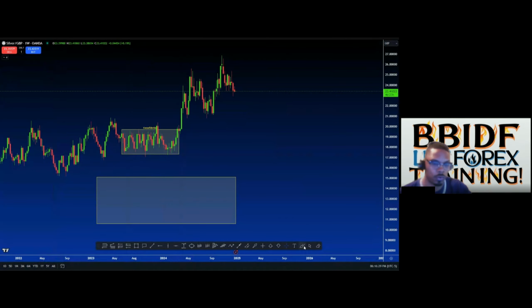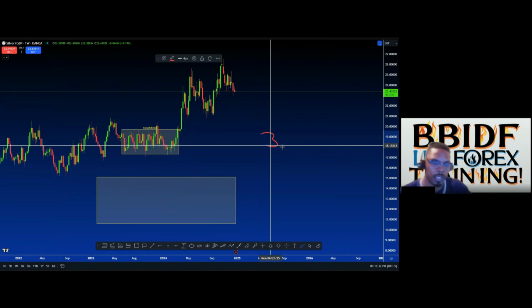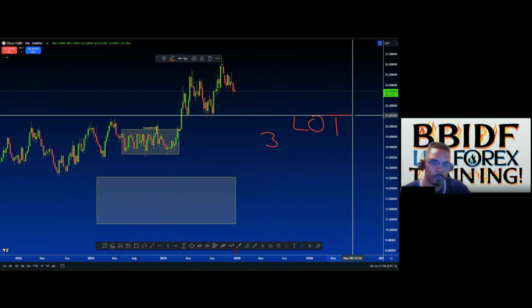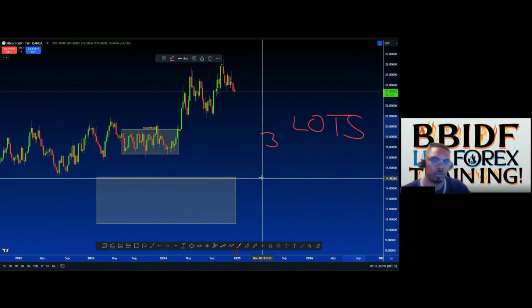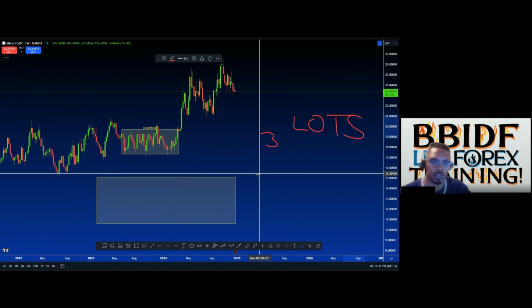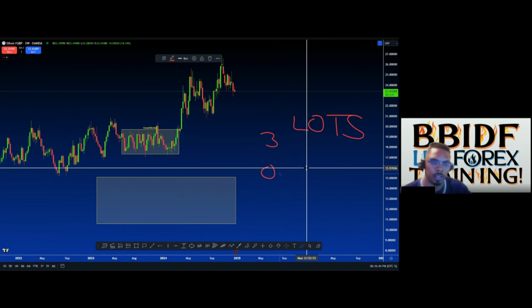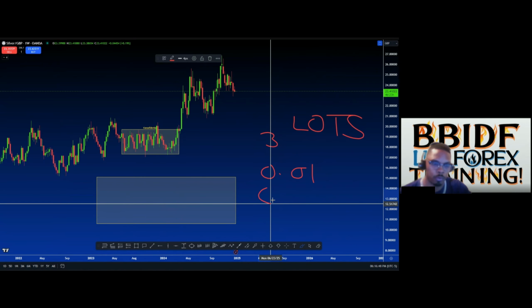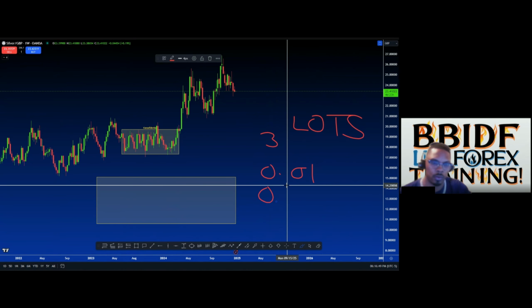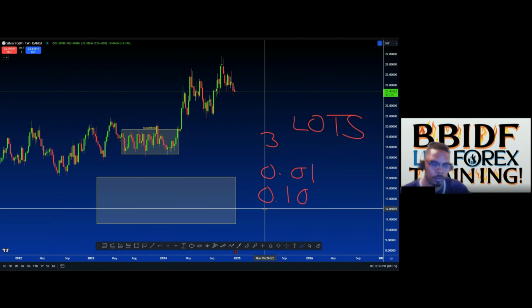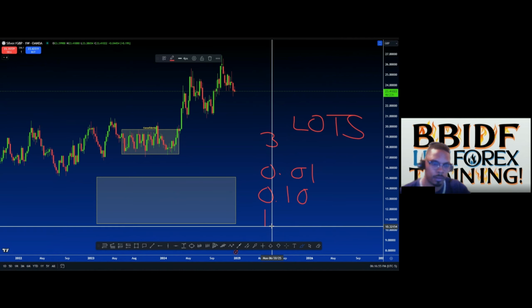With the lot size, you've got three lot size types, and they're called lots. That's the name of the units of measurement to determine how you're going to make money. 0.01 is called a micro. 0.10 is called a mini, and 1.00 is called a standard.